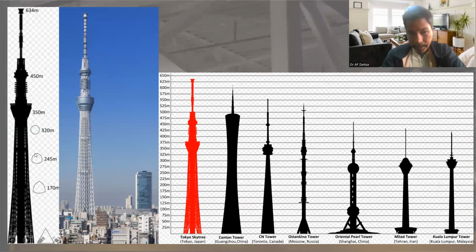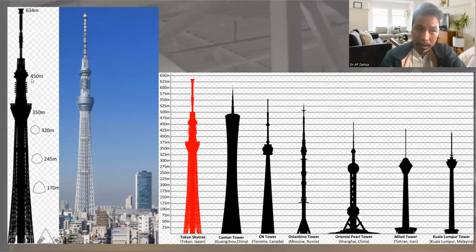At 445 meters, another cross section different from 170, and at 320 meters the cross section is a circle. At 350 there is some sort of pad. In this area we have a circular cross section, then a pad supporting the tower above it.